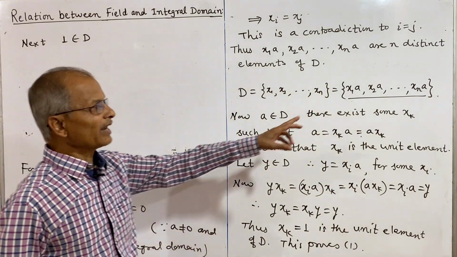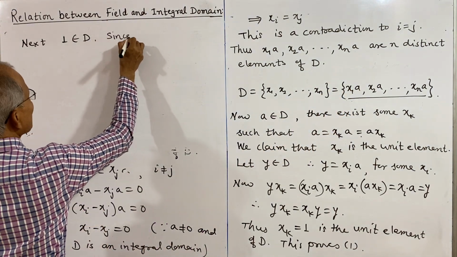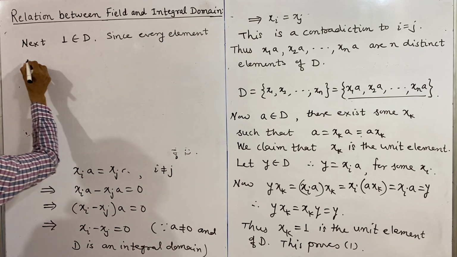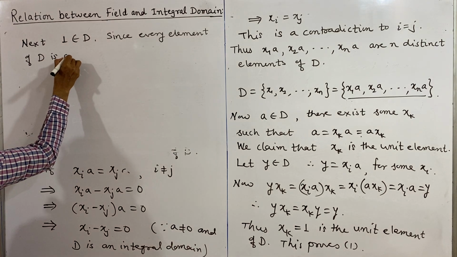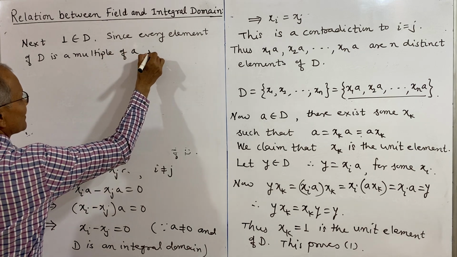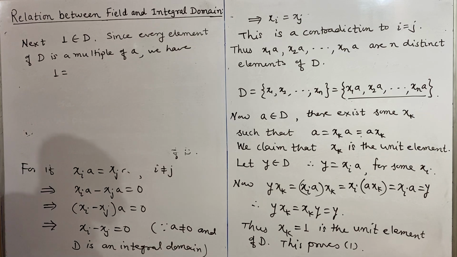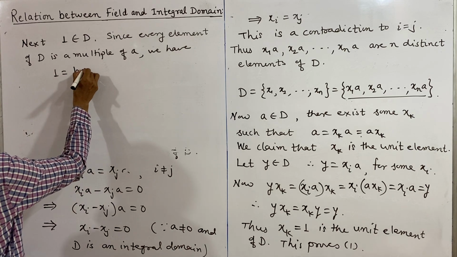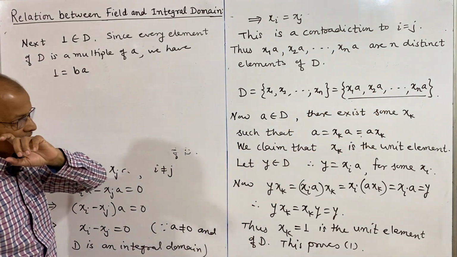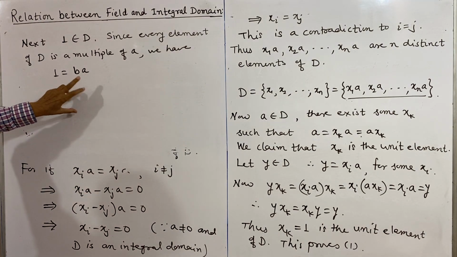Since every element of D is a multiple of A, we have 1 is a multiple of A, 1 can be written as B into A, where B is some xi. We can denote it by B, and thus we have 1 is equal to BA or AB.